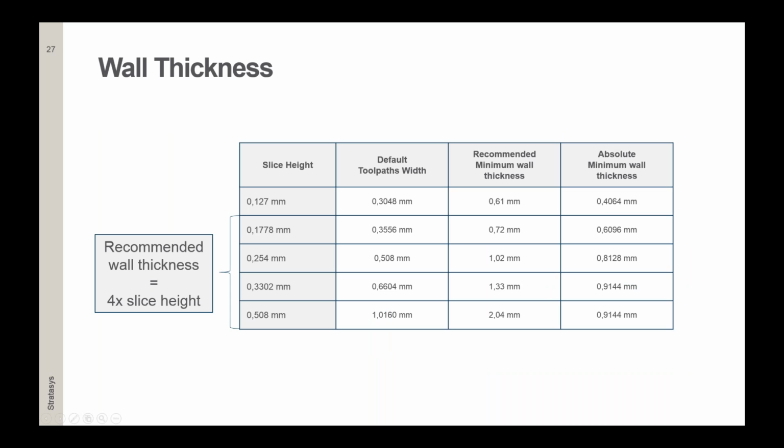So without giving much thought to that, to summarize from the table, by using the default toolpath width, it is recommended to multiply the slice height, if you know it or if you tell the operator the slice height, by 4 to get the optimal wall thickness. Due to the possibility to change the default toolpath width, you can have a lower minimal wall thickness than the recommended.